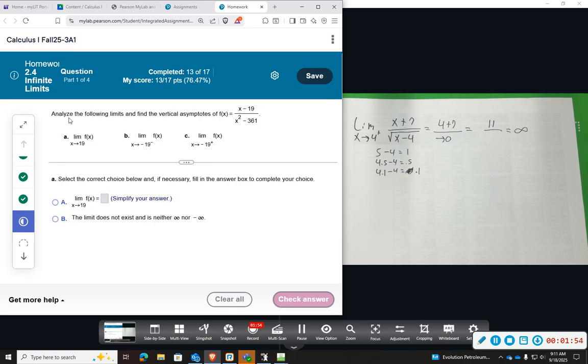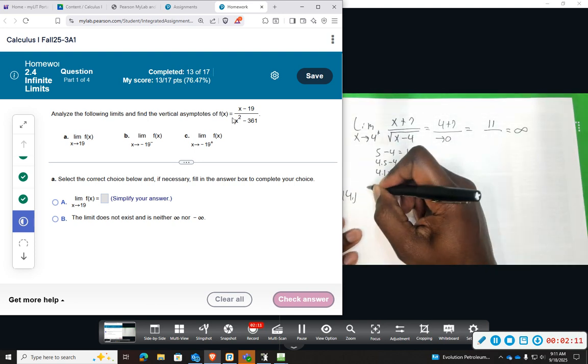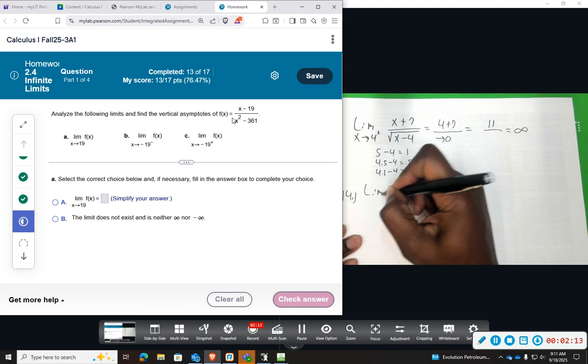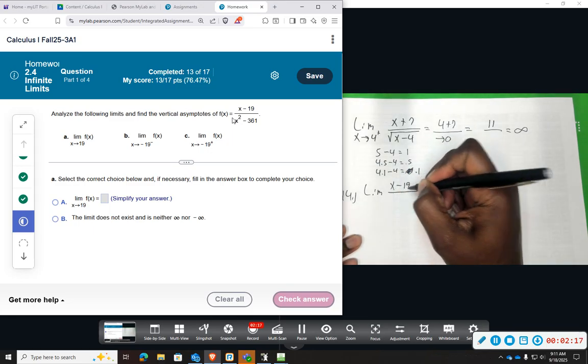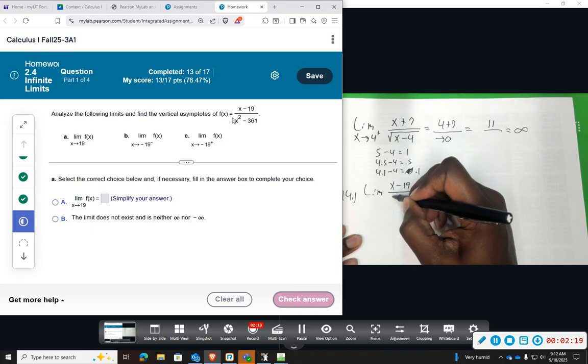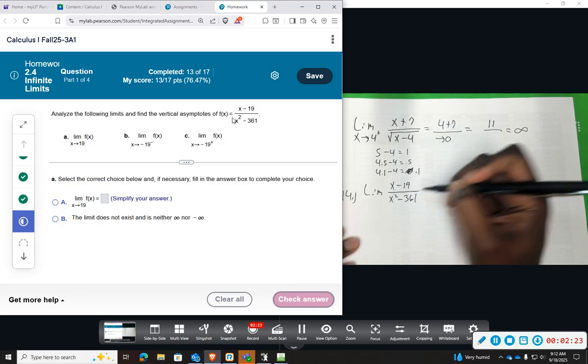Number 14, we want to analyze the limits and find the vertical asymptotes of this function. So the limit of f of x as we go to 19, where our function is x minus 19 over x squared minus 361.